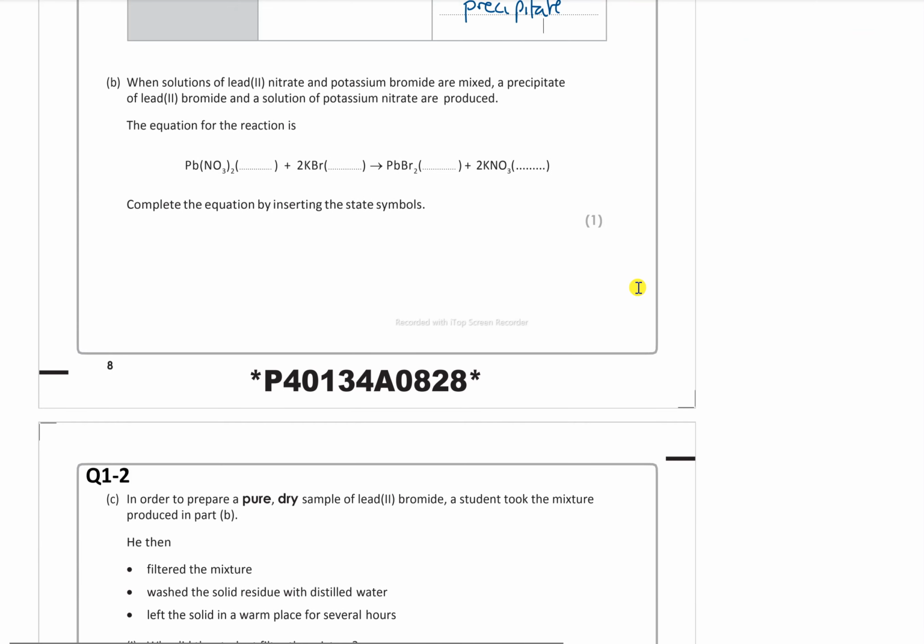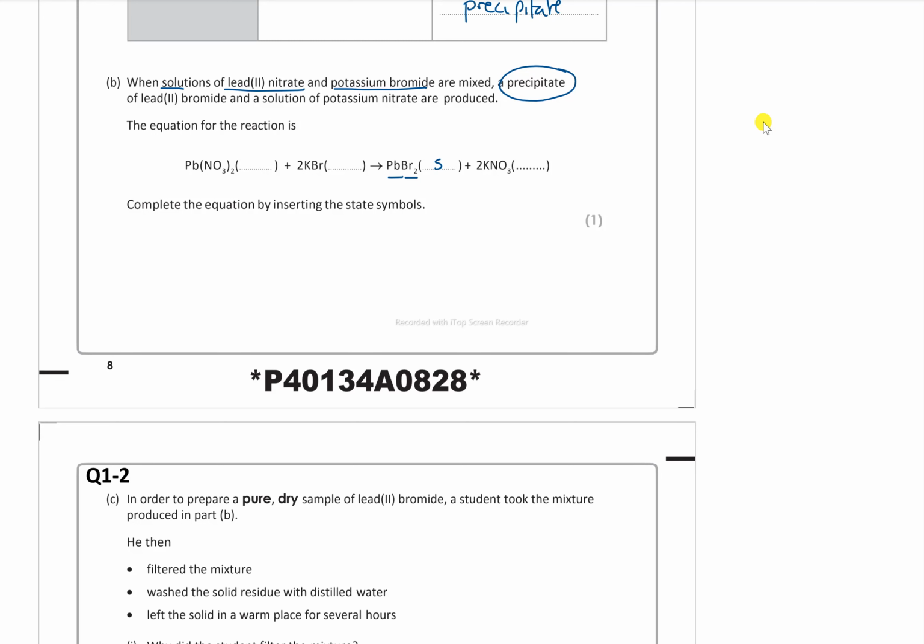Right, the equation reaction. When solutions of lead 2 nitrate and potassium bromide are mixed, a precipitate forms of lead bromide. So lead bromide is a precipitate, so we know it's a solid.